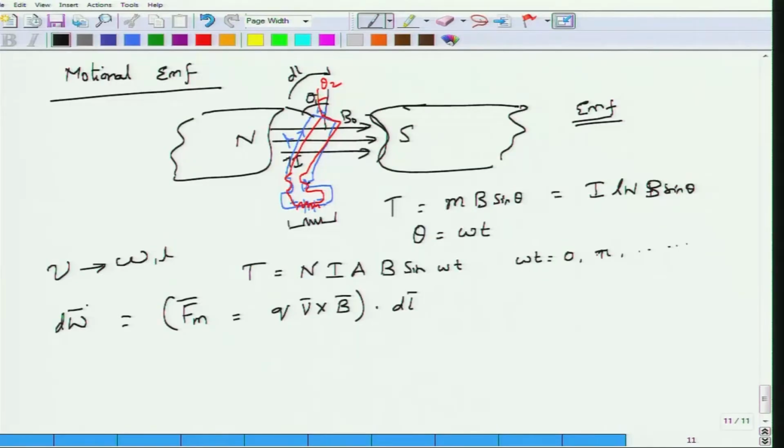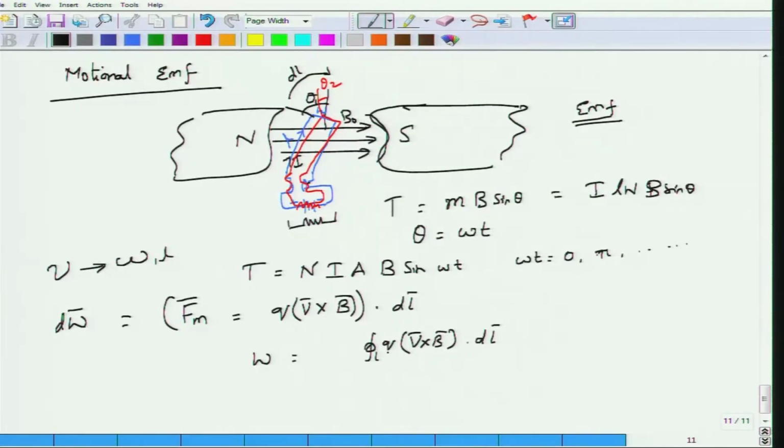This is the differential amount of work done by the magnetic field in order to move the charge in such a way that there is a movement of dl. So, it is actually pushing the charge, the torque is being applied over here to rotate the charges. So, what would be the total work done? Total work done will be q v cross B dot dl over the complete loop.